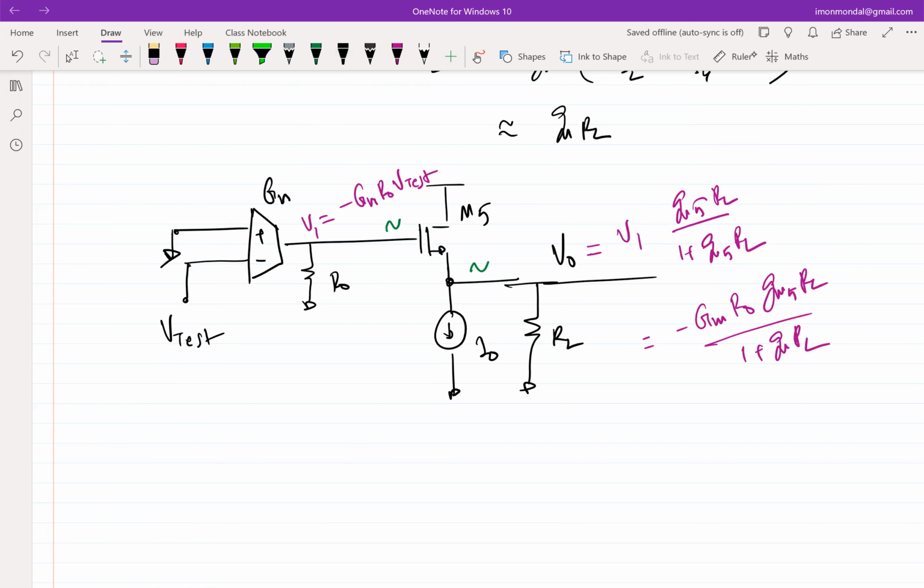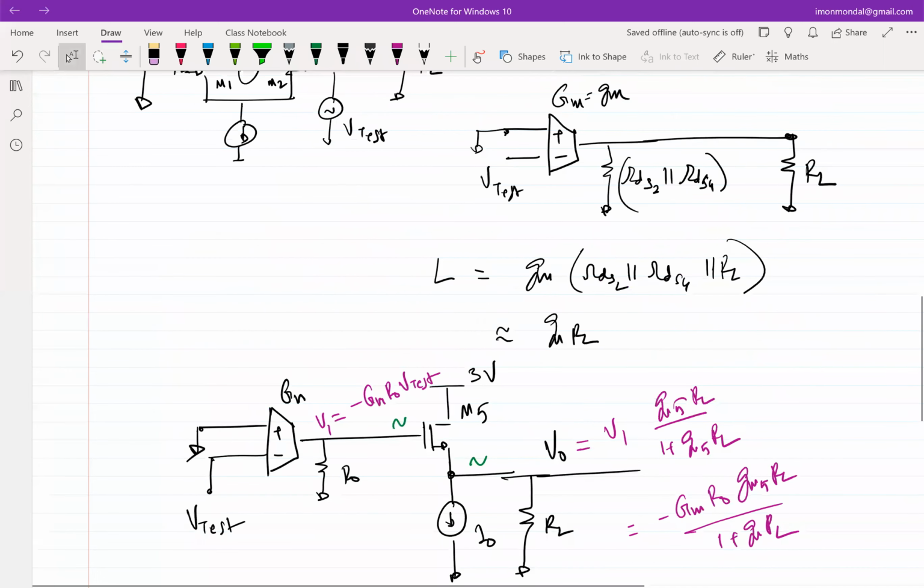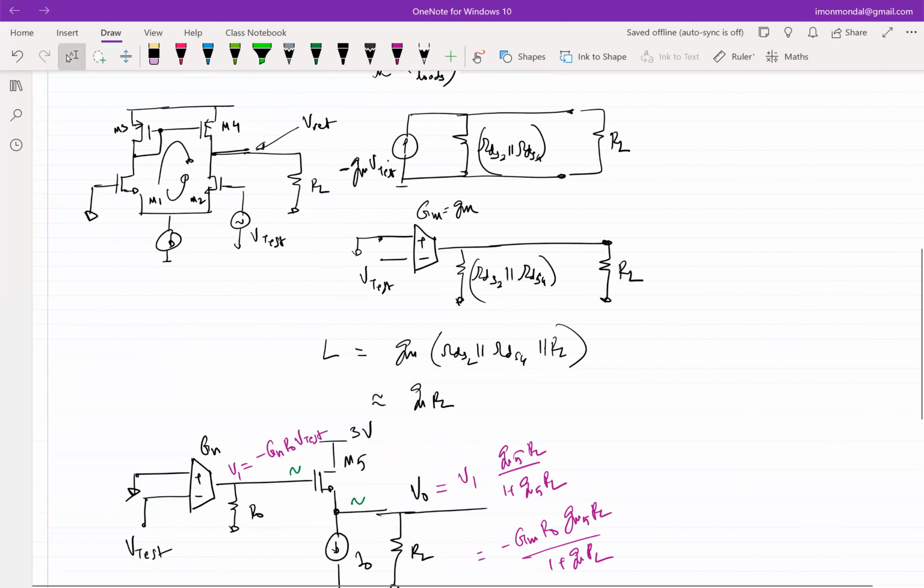Okay. So now there is one particular issue with this architecture, and the issue is that of swing limits. Let's say you are operating with a power supply which is 3 volt. And you assume that this GM is a differential amplifier, right?